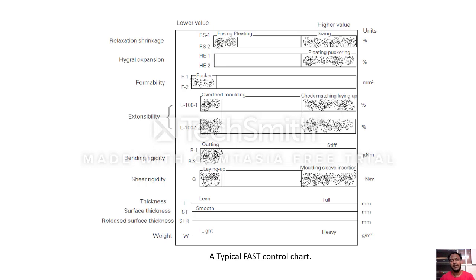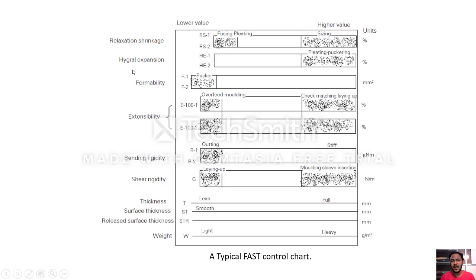So if the warp-wise value is too high or the weft-wise value is low, and there is a huge difference between warp and weft-wise shrinkage, it will create problems when you make the garment. The garment size will become too high, and the matching panels you use for making the garment will not match. So it will give problems in sizing.